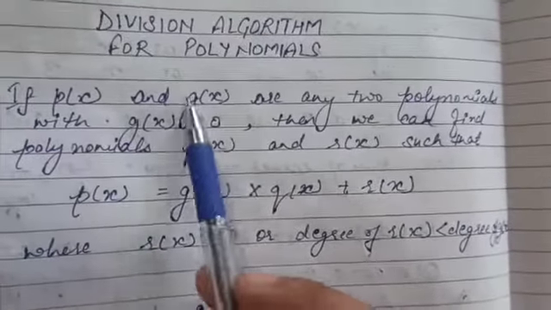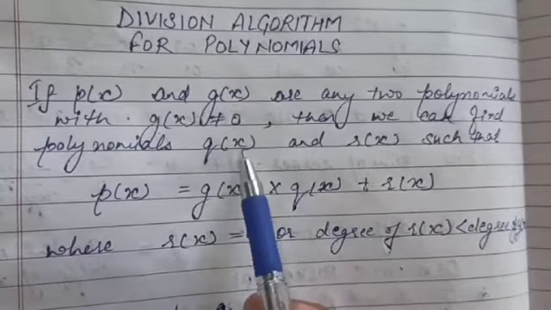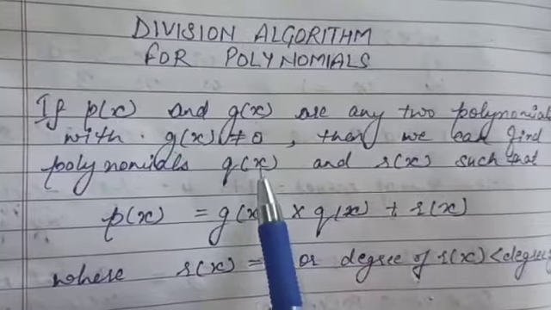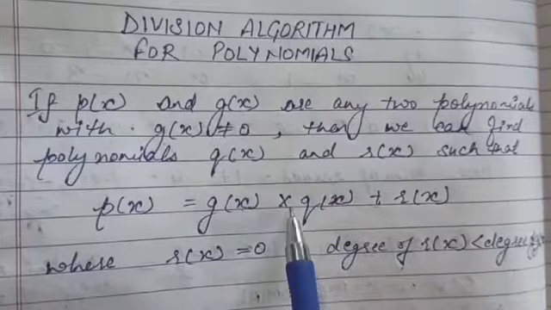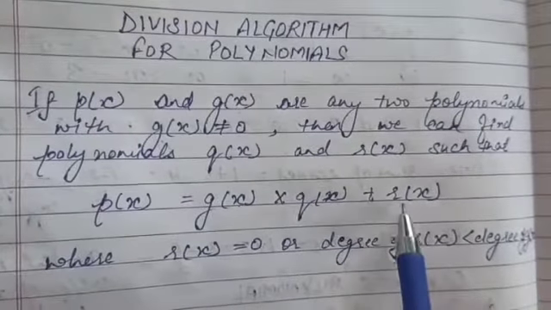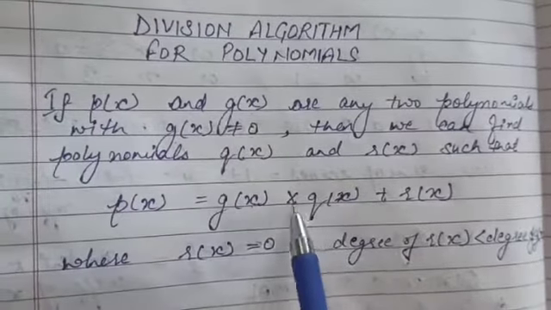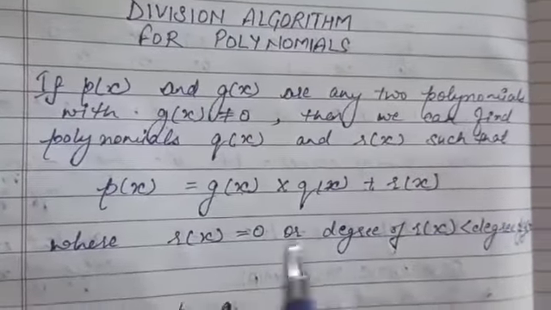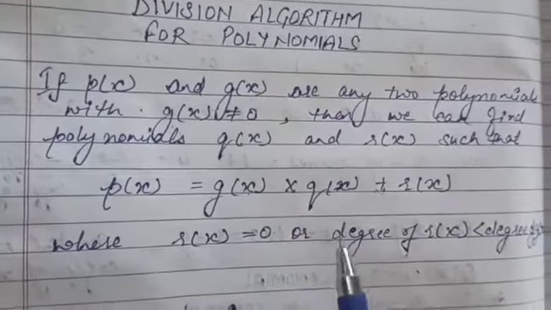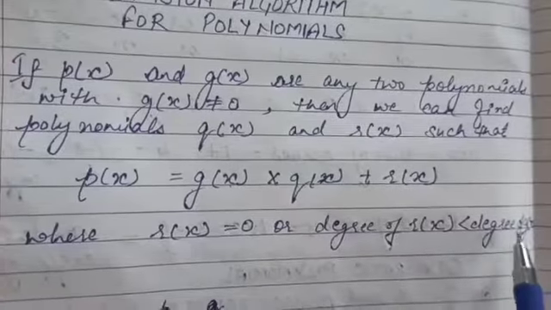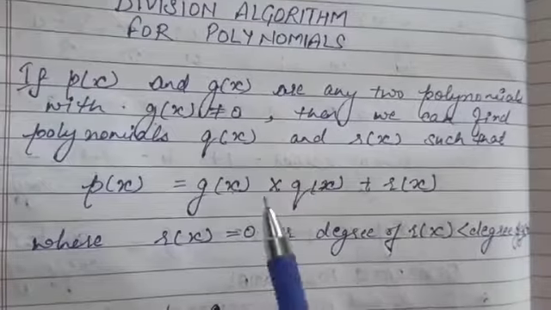So if we divide p(x) by g(x), then we can have polynomials q(x) and r(x), that is, q(x) the polynomial of quotient, and r(x) the polynomial of remainder, such that p(x) equals g(x) multiplied by q(x) plus r(x), meaning dividend is equal to divisor multiplied by quotient plus remainder, where polynomial r(x) equals 0, meaning remainder can be 0, or degree of r(x) is less than degree of g(x), meaning degree of remainder will be less than degree of divisor.